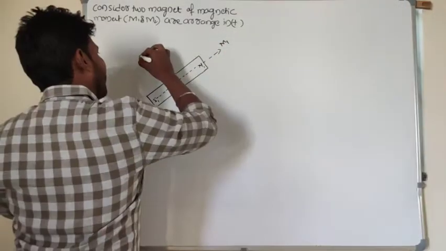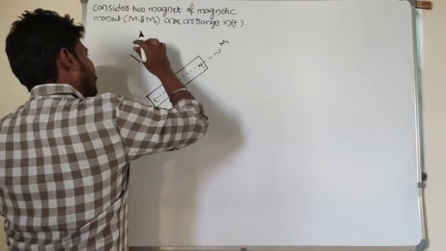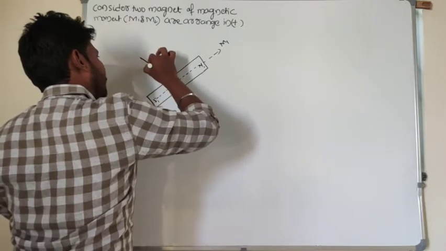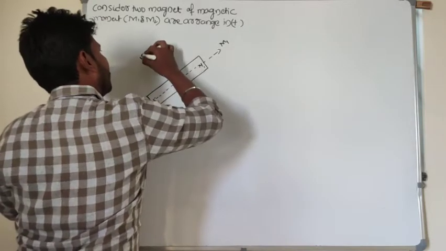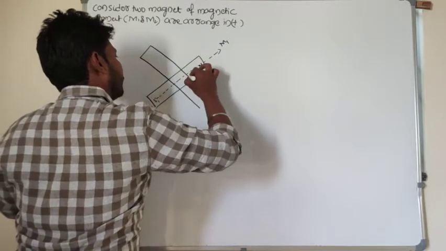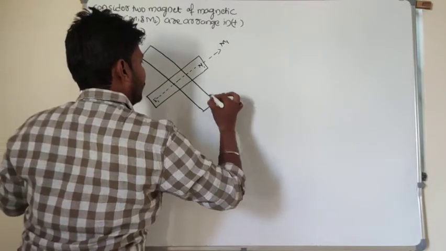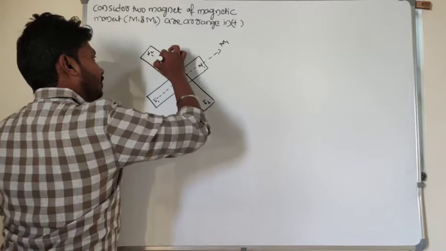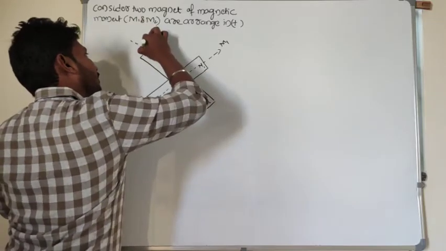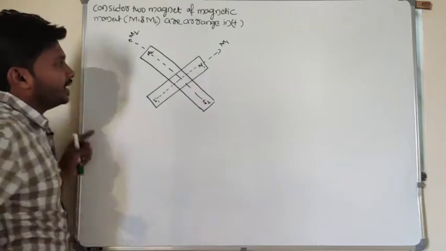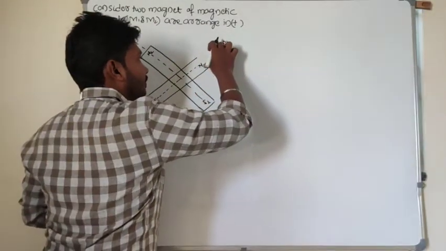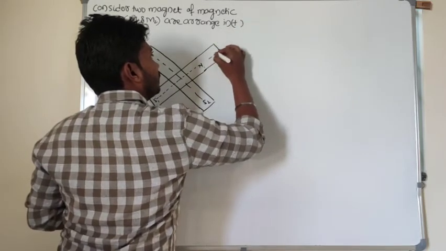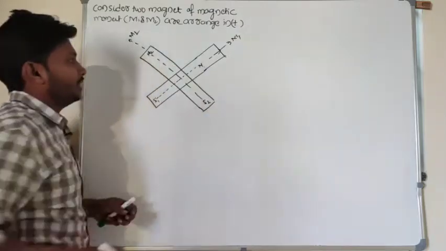Now I will take another magnet here and arrange it in this way. This also has south pole and north pole. This one I will take as m2. This one is m1, another one is m2.